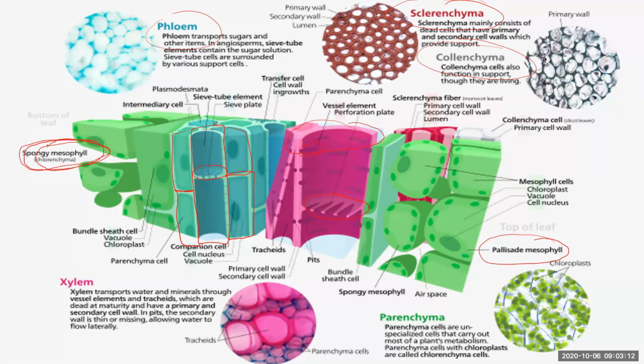So these are the cells that we typically see in a plant. Even though there are different varieties of plants in the world, they are still made up of the same types of plant cells.